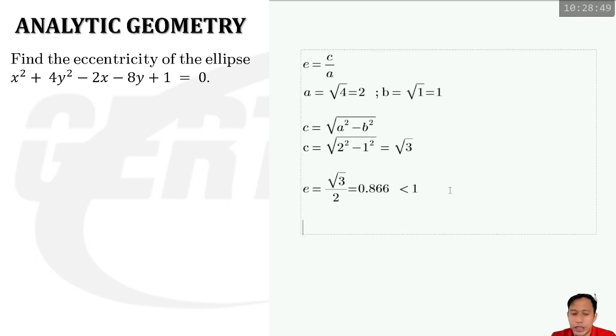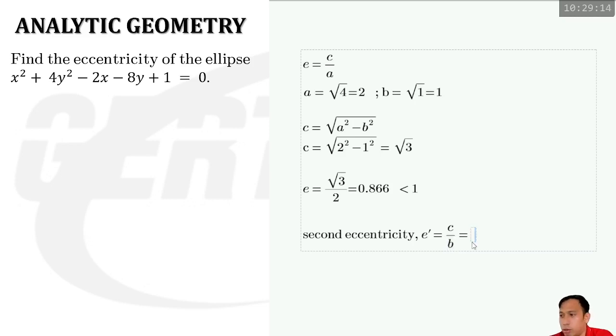Meron naman tinatawag na second eccentricity, kasi tinatanong din ito sa board exam. That is denoted as E prime. Yung formula naman niya is equal to C over B. Ito is parang ratio kasi siya ng distance ng C to the semi-major axis, so ngayon, i-ratio mo siya to the semi-minor.